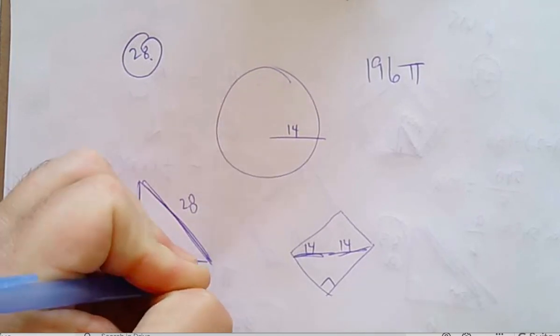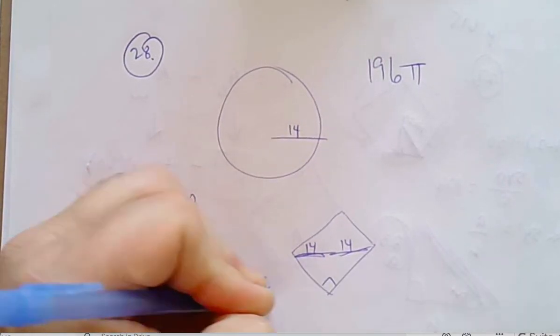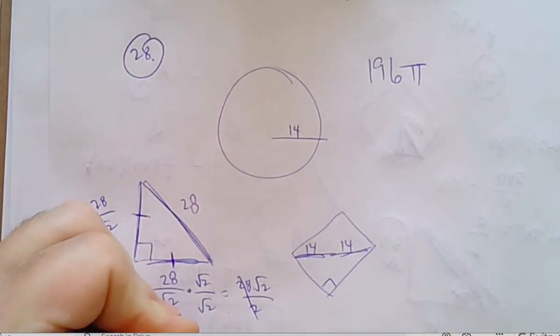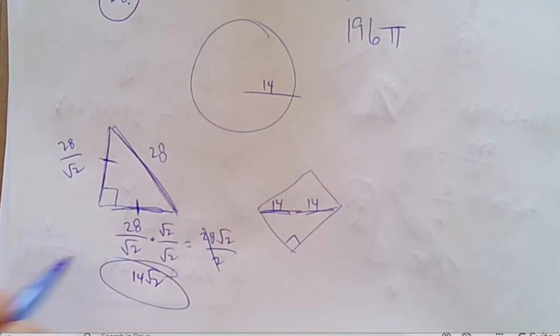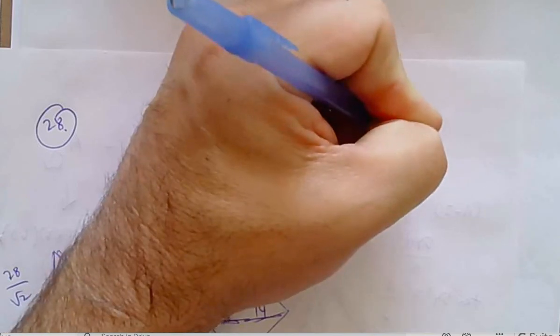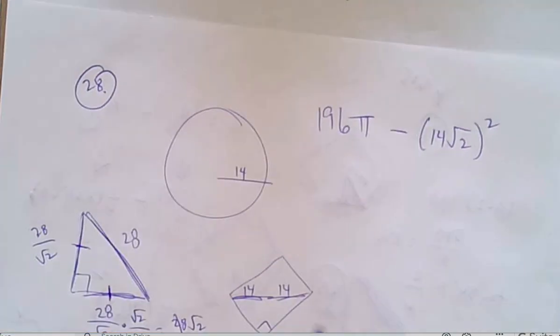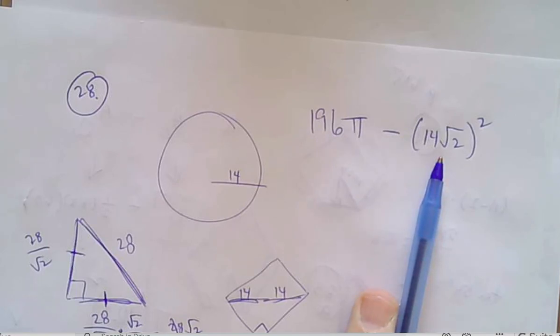Rationalize. So now you know that the side of the square is 14 radical 2. So the area of the circle is 196 pi. The area of the square is 14 radical 2 squared.